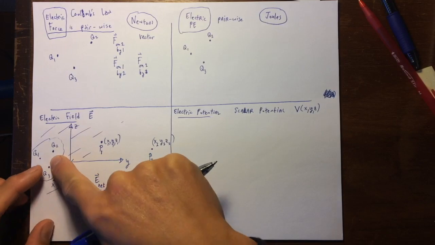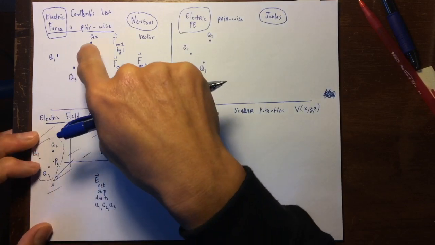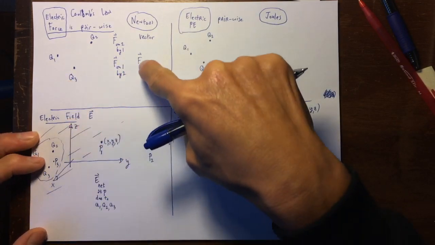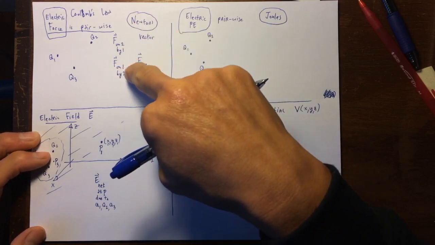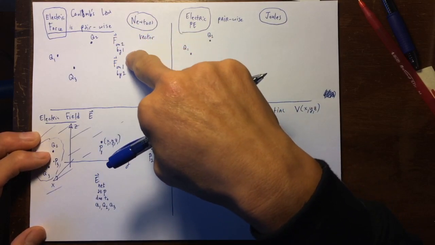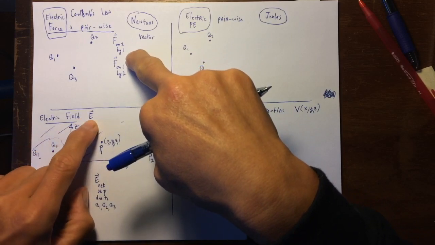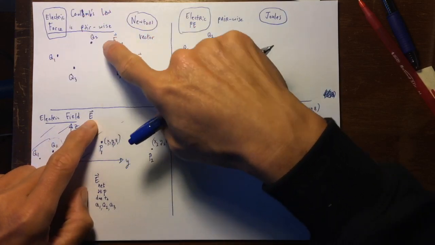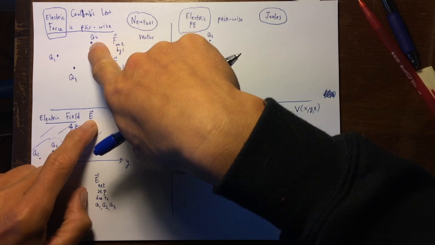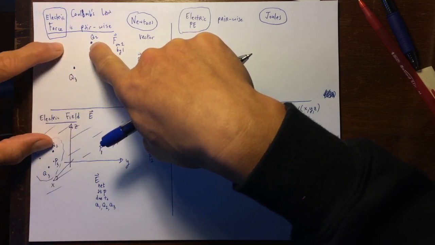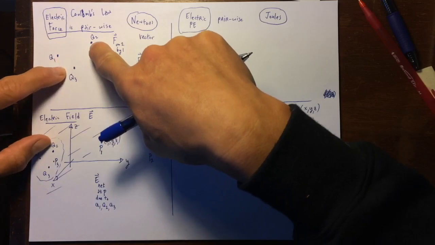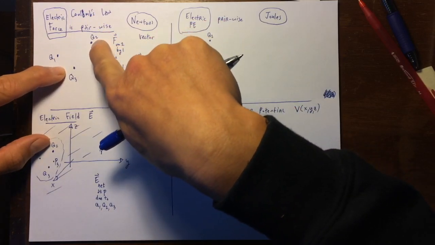Now, it is absolutely true that electric field is up in here, and we can talk about these forces in terms of an electric field, but these forces aren't associated with this electric field. For example, the force on charge 2 is associated with the net electric field of 1 and 3 by themselves, or together, but not the electric field of 2.